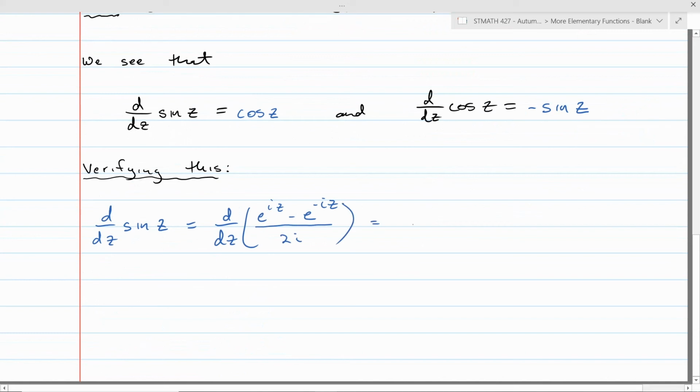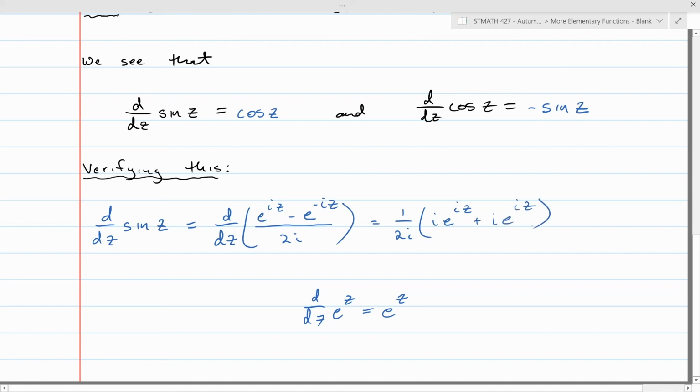And then just use the chain rule and the rules of differentiation that you know. The derivative of e to the z is e to the z, so we're going to make heavy use of that. You can pull the 1 over 2i out as a scalar multiple, and then the derivative of e to the iz is i e to the iz, and the derivative of e to the negative iz, you pull the negative i down, you end up with positive i e to the negative iz.